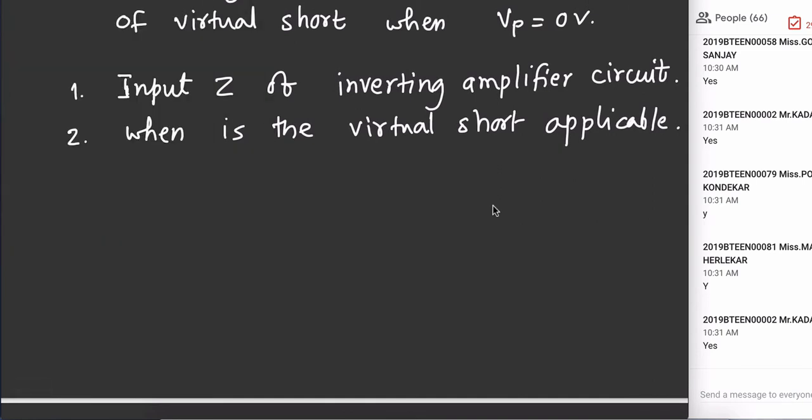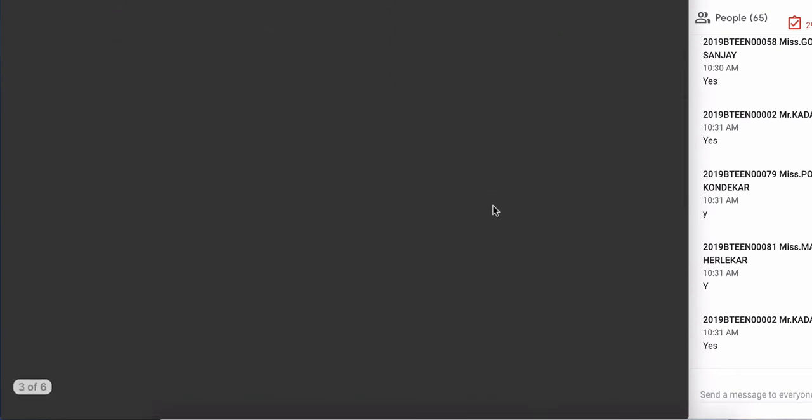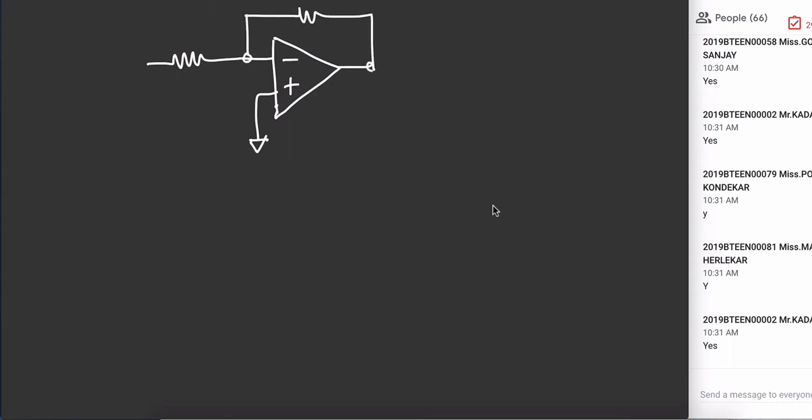So let us draw the circuit of inverting amplifier. You will also draw the inverting amplifier, because then it will be easier for you. Little practice. Fine. So this is our inverting amplifier.